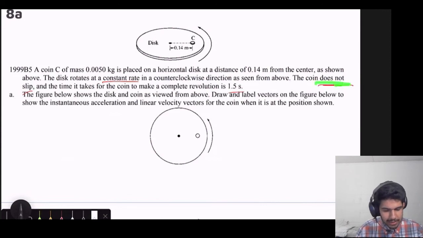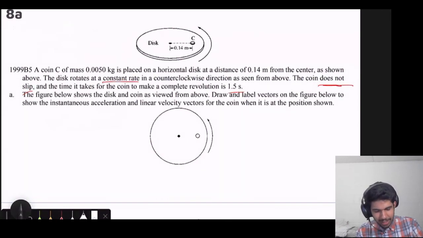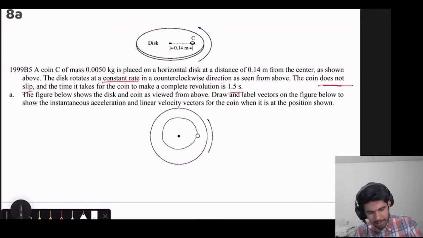So let's revisit this. It does not slip. What does that mean? That means that as the disc is turning, the coin isn't going randomly elsewhere. It's in place, in a sense. So if I were to draw out the path that this coin takes, it travels in a circular path at the same distance from the center.